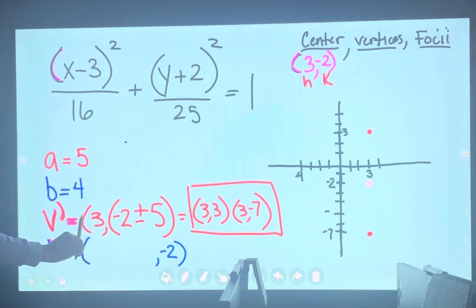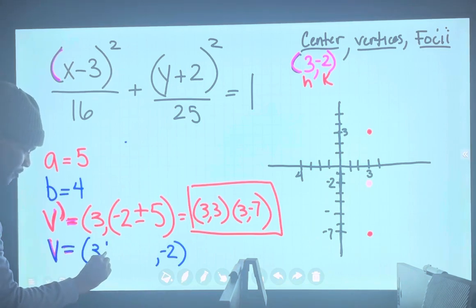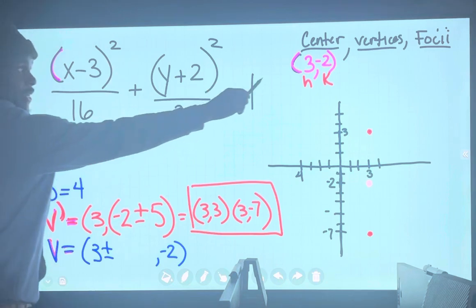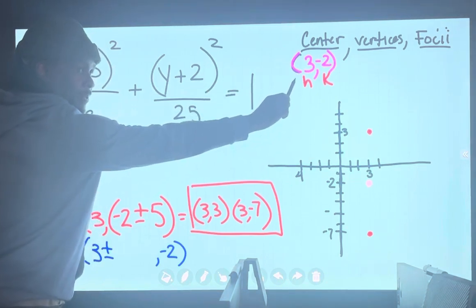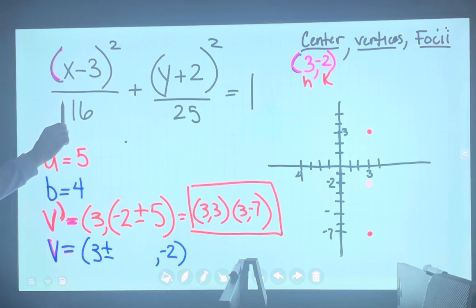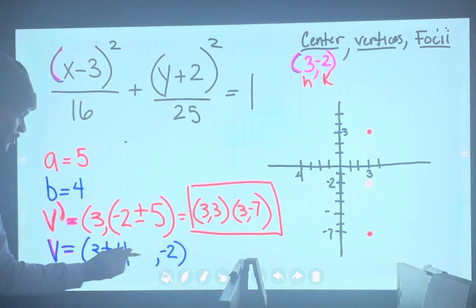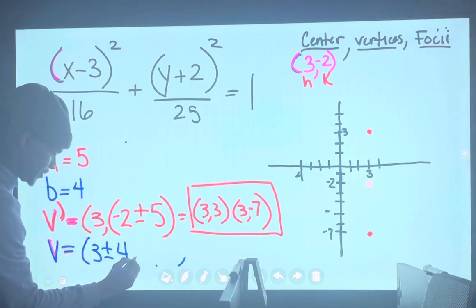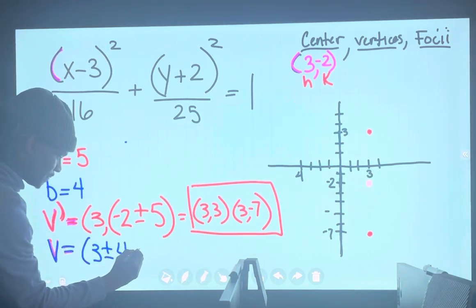So now we switch. It's 3 plus or minus what? Because look, that's the regular center. The center is at 3. So 3 plus or minus what's the minor value? What's B? 4. So your value is 3 plus or minus 4, -2.